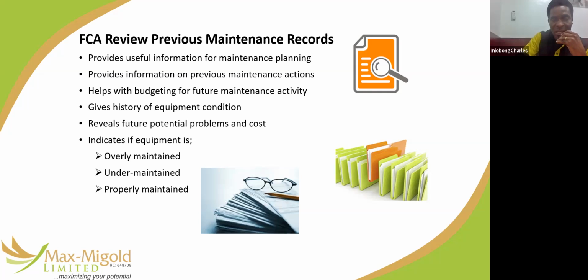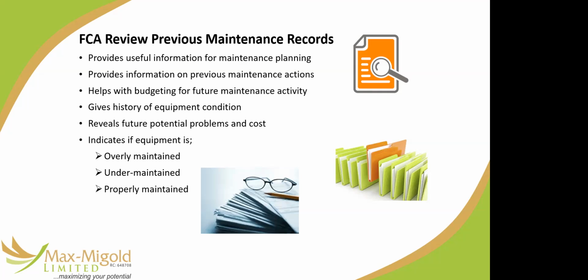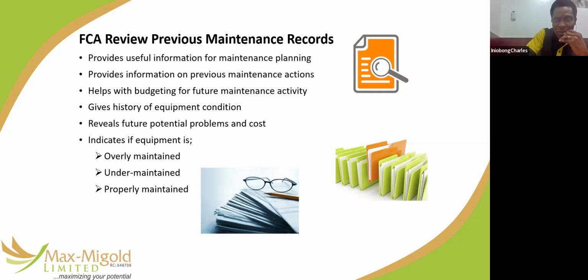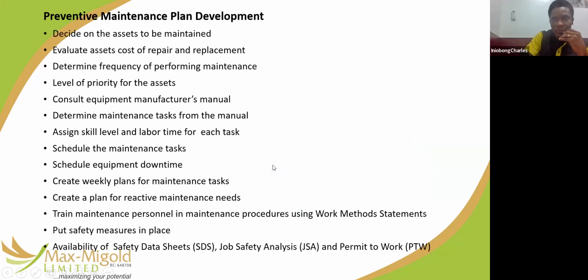They want to see, oh, you are spending so much on this maintenance, or the facility is under-maintained, or it is properly maintained. So the FCA reviews previous maintenance records, and we can take this decision.